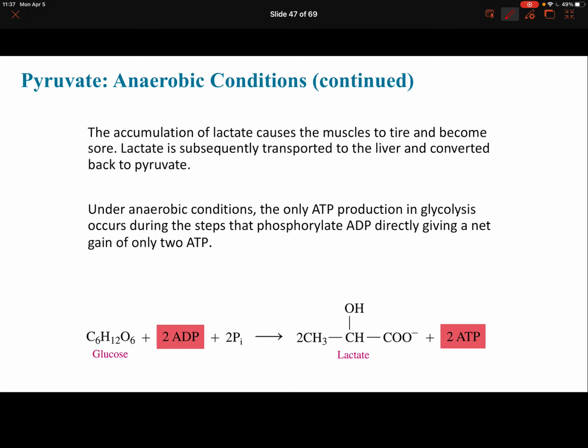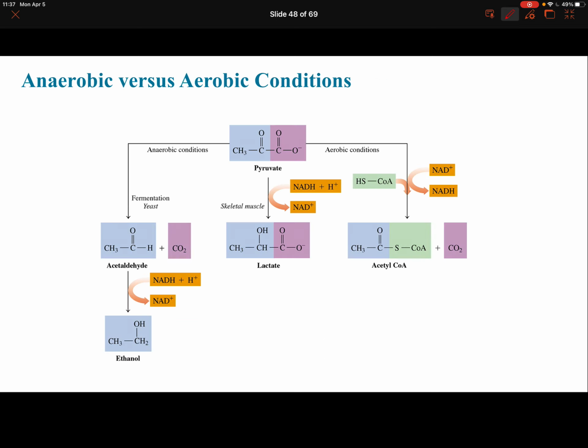All right. Now, you can see here, accumulation of lactate causes the muscles to become tired. I mentioned, at least we can get some ATP, even though we're making lactate, which we don't really want. Now, some organisms don't make lactate. For example, I'll show you some of the pathways. Pyruvate in aerobic conditions can go on to become acetyl-CoA.